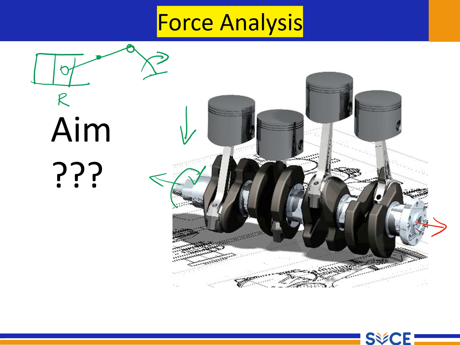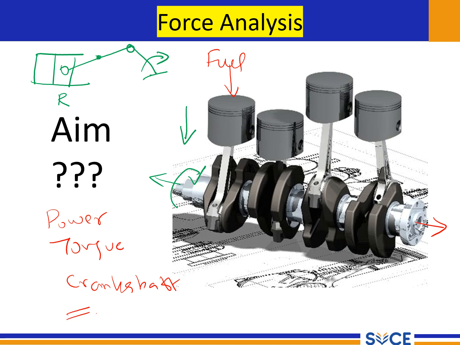So how is this power coming? It is nothing but the power coming from the fuel, everyone knows. How this fuel power is converted into torque, that we want to know. Torque which is rotating the crankshaft. So this is the main objective of our dynamic force analysis.